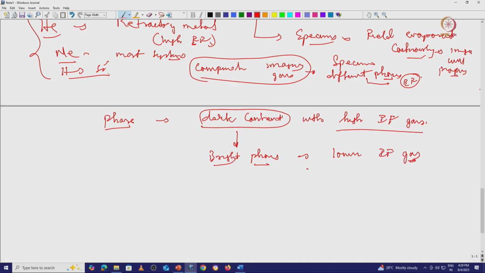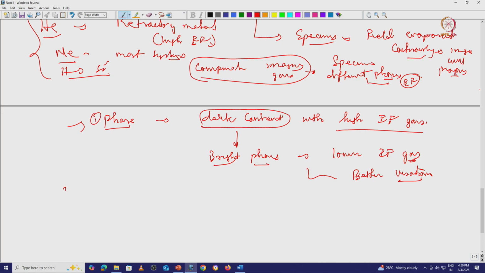So it will create a better visualization of the structure of the tip. This is one of the very important things.